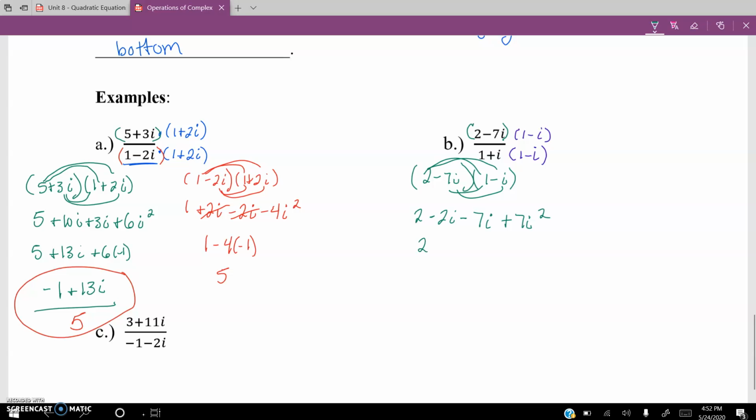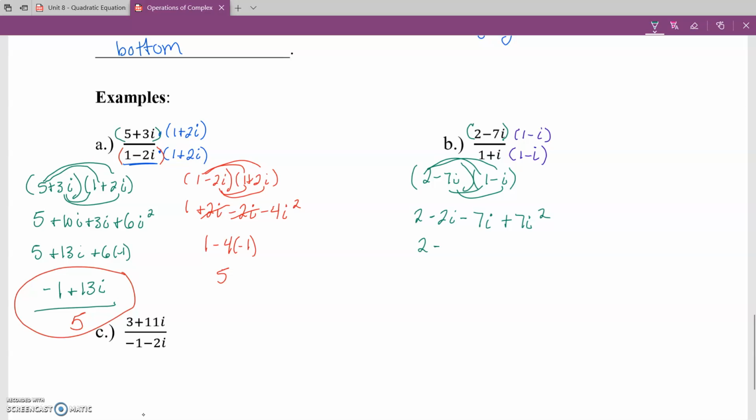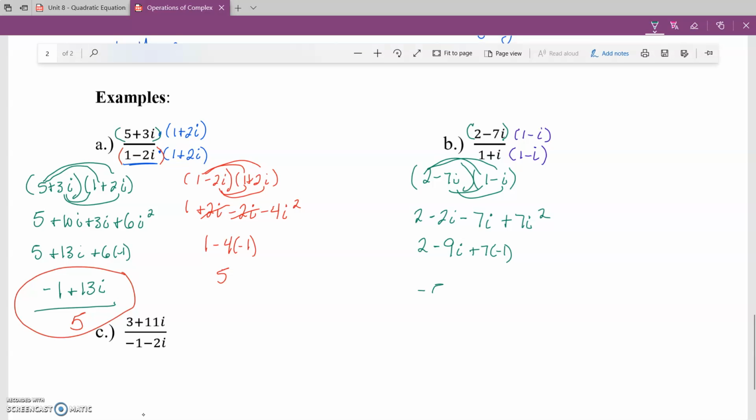Combine like terms and replace i squared with a negative 1. Negative 1 times 7 makes a negative 7. 2 minus 7 is negative 5. So I have the top.